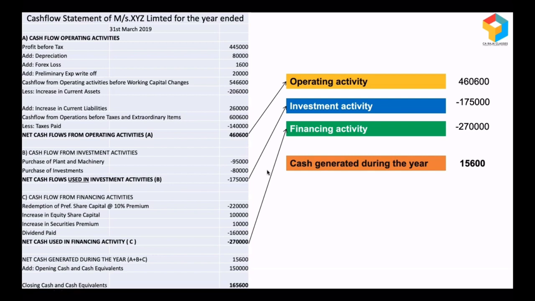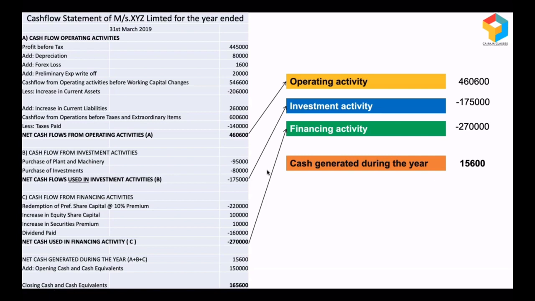So when I look at this, what I infer is they made 4,60,600 from their operations, and they used their own money for making some investments. Despite spending on investment they had so much money that they are very easily settling their financial obligations, and despite all this they still have positive cash of 15,600.